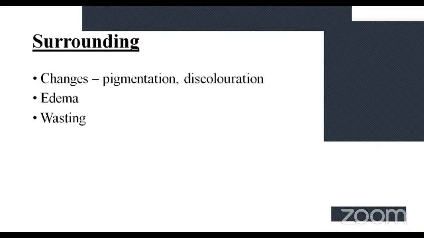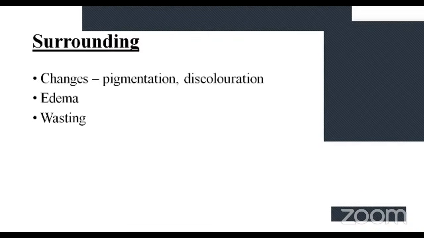And the surrounding area, look for any changes like pigmentation, any discoloration, any edema, any wasting of muscles, anything. We have to look for it. You know what the classification is? We could have discussed another way using the classification of swellings.